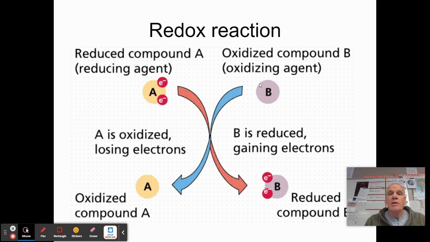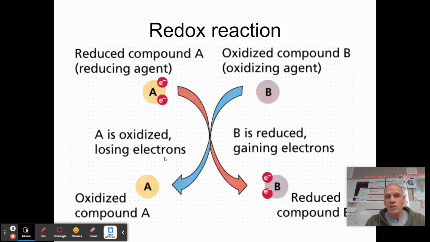Compound B is going to be an oxidizing agent. Why? Because it's going to allow compound A to be oxidized. How's it doing that? Because it's going to pull the electrons off of A. So B is going to be reduced, and A is going to be oxidized.